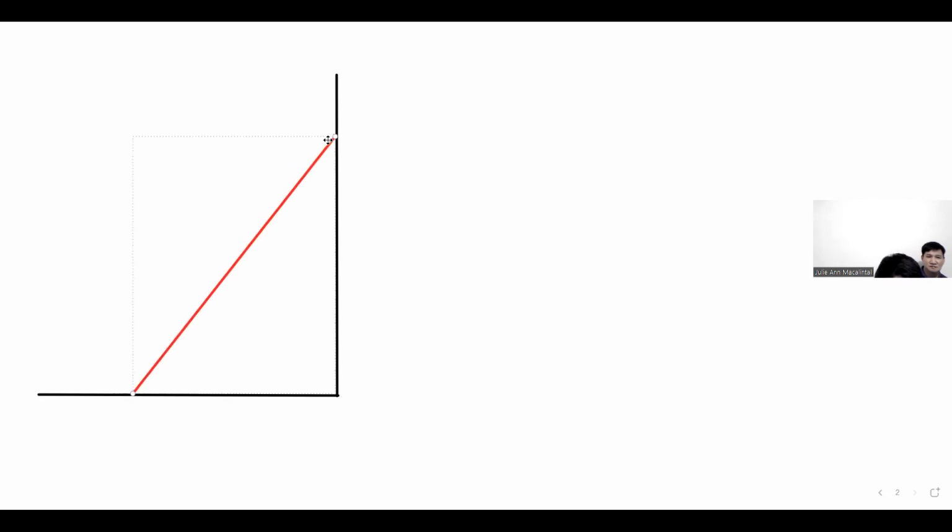This is the midpoint. Let the length of the ladder equal L. Therefore, since this is a midpoint, these two segments are equal and their lengths are L over 2 and L over 2.